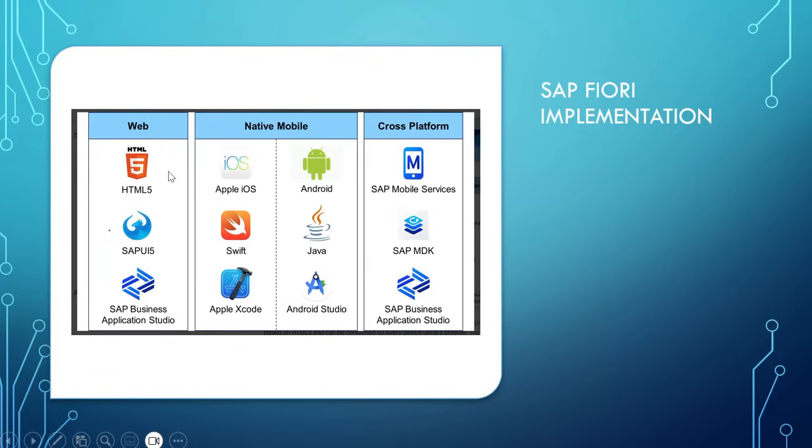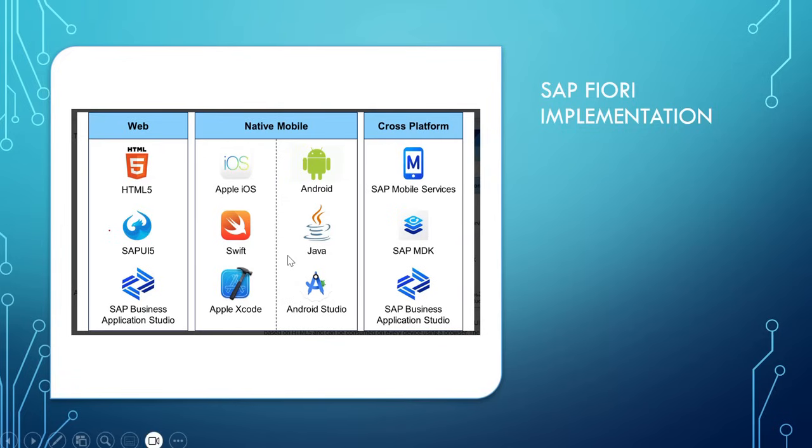HTML5 is the foundation of modern web UI, and SAP UI5 is a framework for building our Fiori applications with MVC architecture. BAS is a cloud-based IDE to build, test, and deploy our Fiori apps, and it allows seamless interaction with CDS views, OData, and the SAP backend system.